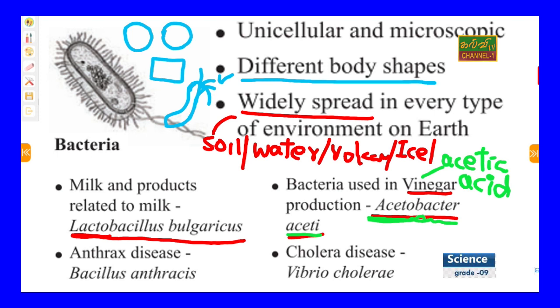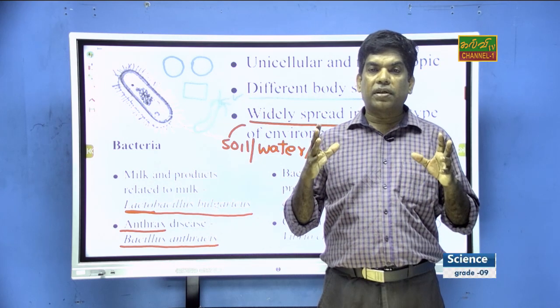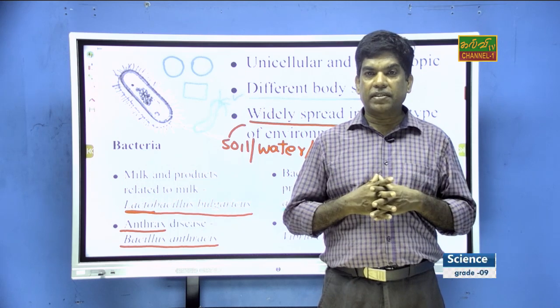And anthrax disease causes respiratory infections. Bacillus anthracis. In those days, I remember anthracis was used in biological weapons.